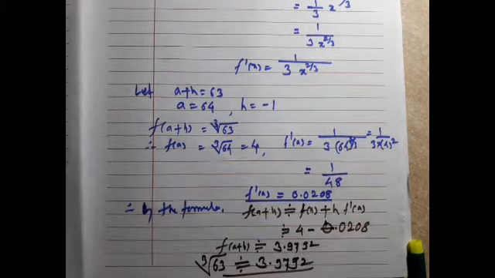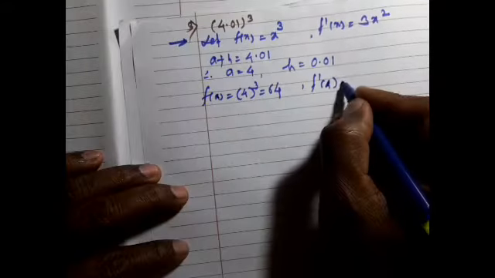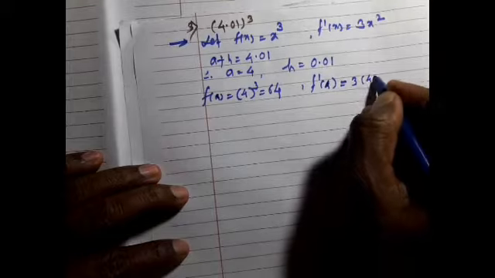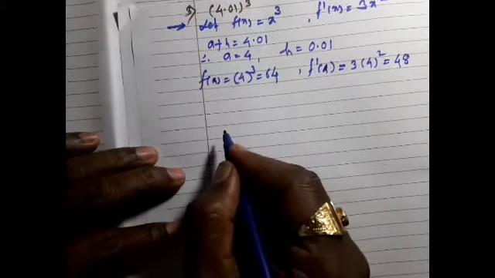Now you're taking cube, it's a fraction, so obviously a plus h is 4.01, so therefore a is equal to 4 and h is equal to 0.01. So f of a, that is 4 cube, is 64, and f dash 4 is equal to 3 into 4 square, that is 16, it is 48.